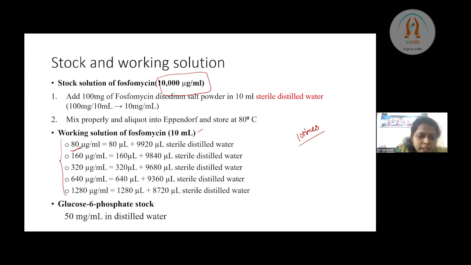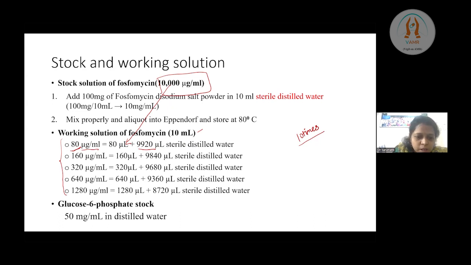For getting 80 microgram per ml, you have to take 80 microliter from the stock solution and add it in 9,920 microliter of sterile distilled water.